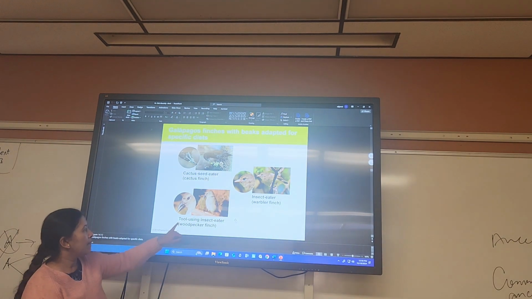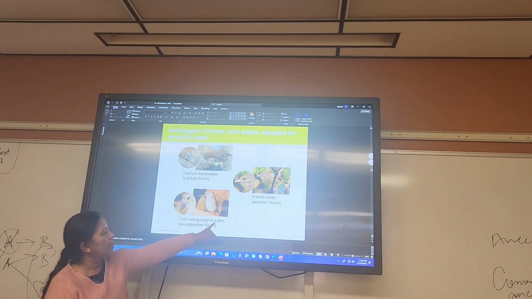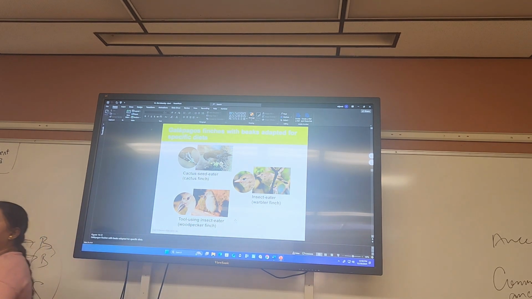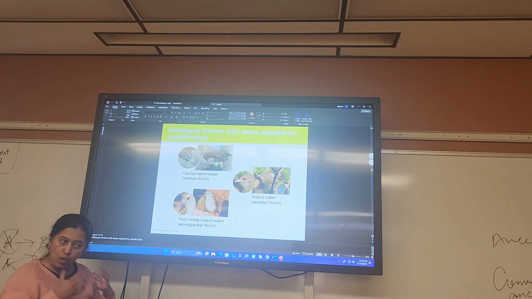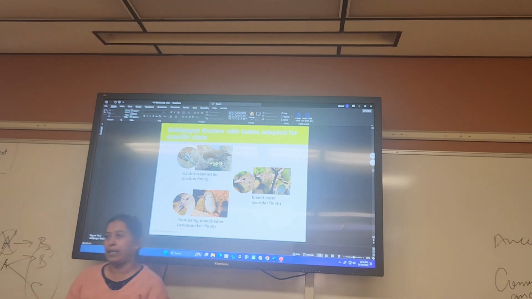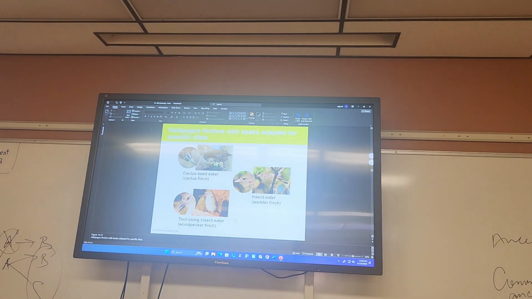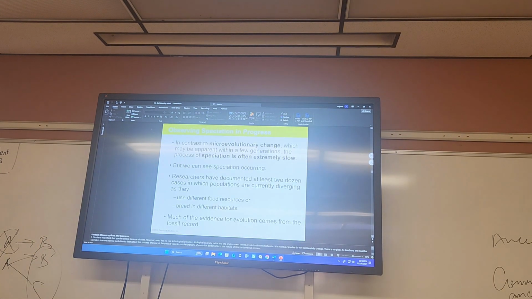No, right? This is a tool using insect eater. So even within the insect eater, the beak could be used for another purpose, to make the nest or whatever. So depending upon which part of the island the finches are mostly concentrated, the kind of food available, the beak shape changed.